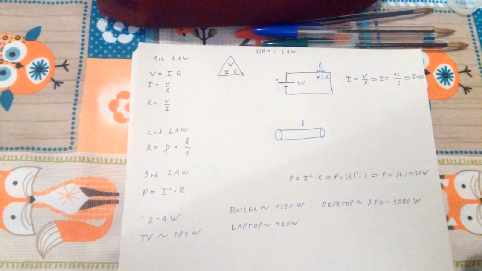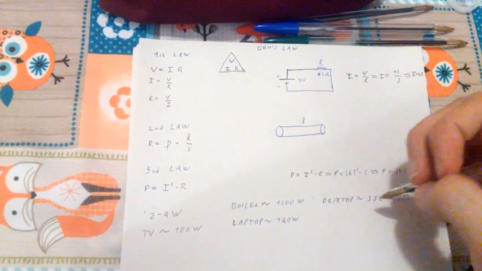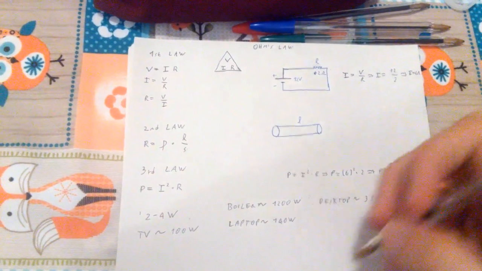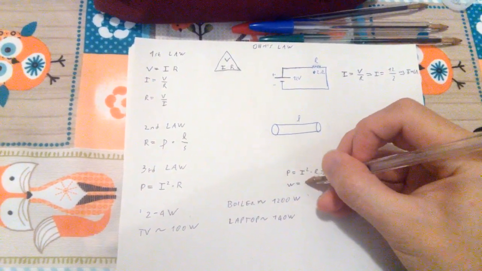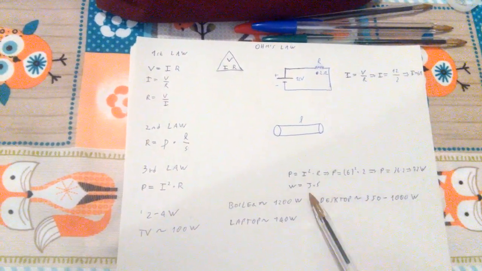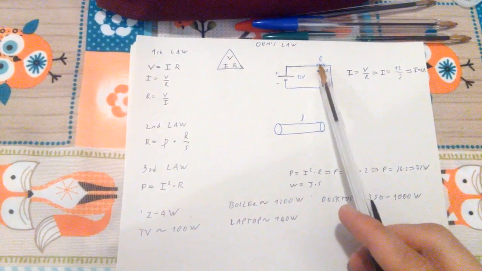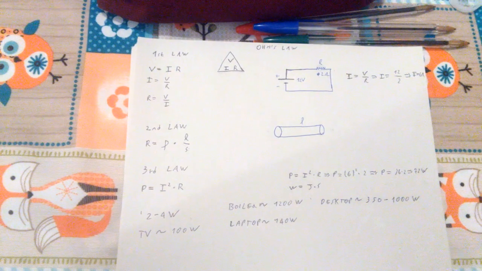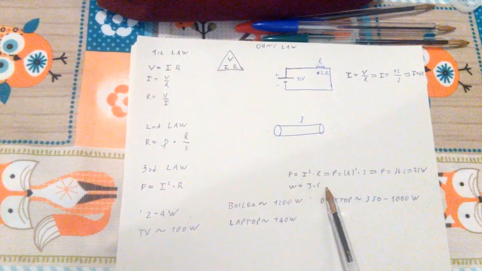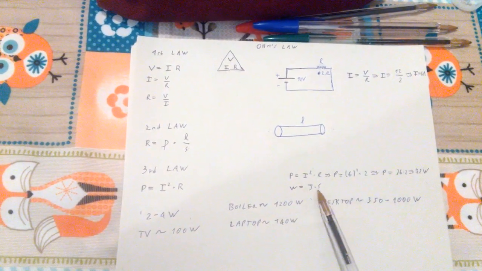Even the human body actually produces power. You can define the power as joules in terms of watts, but watts are just joules per second. And as I said, in resistance, this is the power dissipated also in terms of heat. So if you write those things in terms of W, so joules per second, it makes sense.